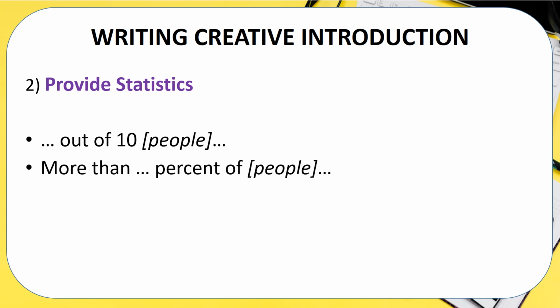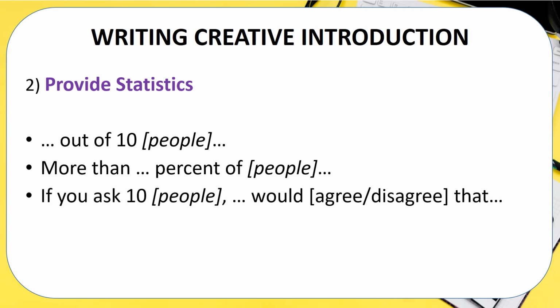And then we can also use percentage. So more than 50% of, again, people is put in bracket, meaning you can change accordingly to suit your situation. And the last one, you can write it this way. If you ask 10 people, how many would agree or disagree that something is whatever it is?